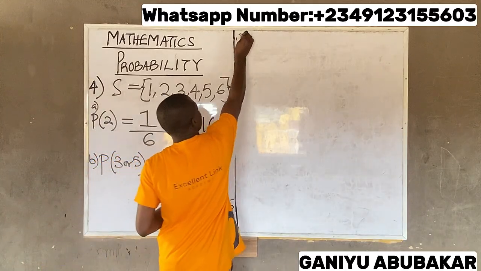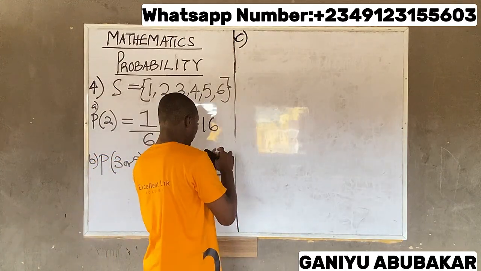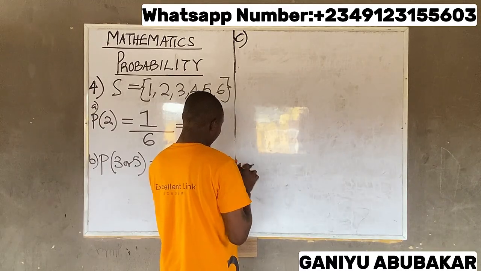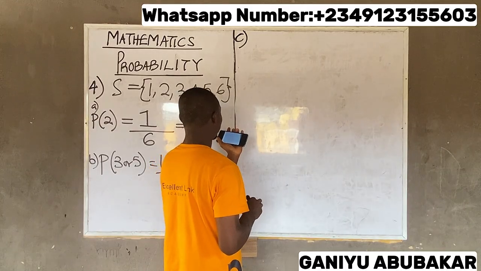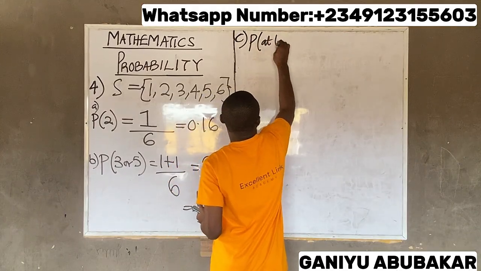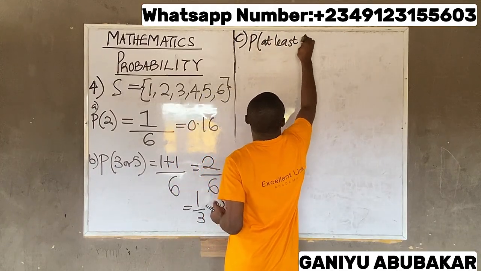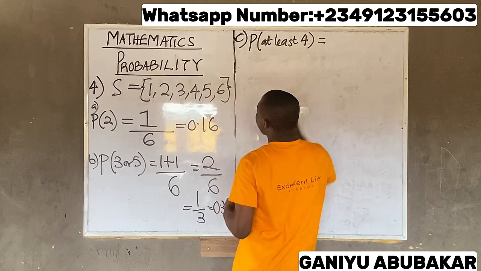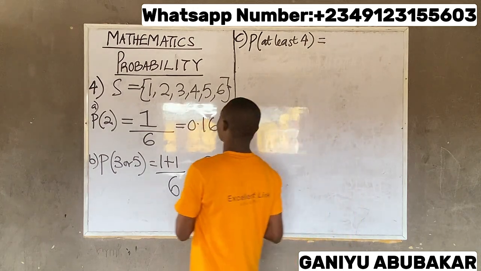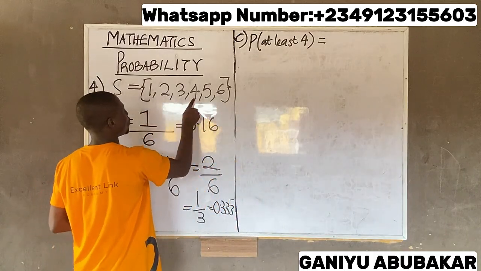Question C says we have to find the probability of getting at least 4. For at least, the least should be 4. For at least 4, it means from 1 to 4.